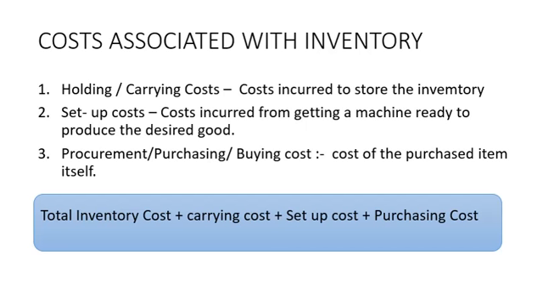Then next is the setup cost, which is the cost incurred for getting a machine ready to produce the desired output or the desired finished goods. So ordering costs or setup costs are incurred whenever the inventory is replenished. It includes costs associated with the processing or chasing of the purchase order, transportation, inspection for quality, expediting overdue orders, and so on.